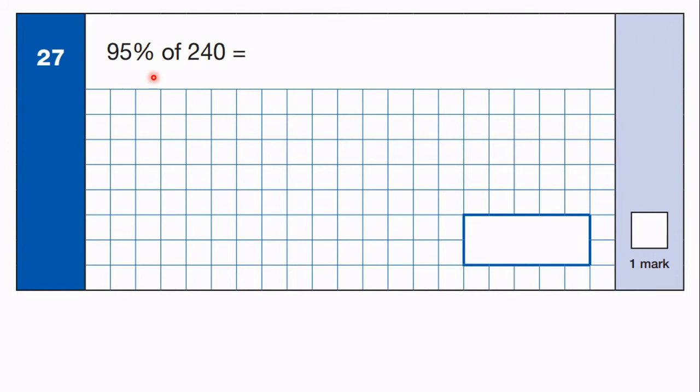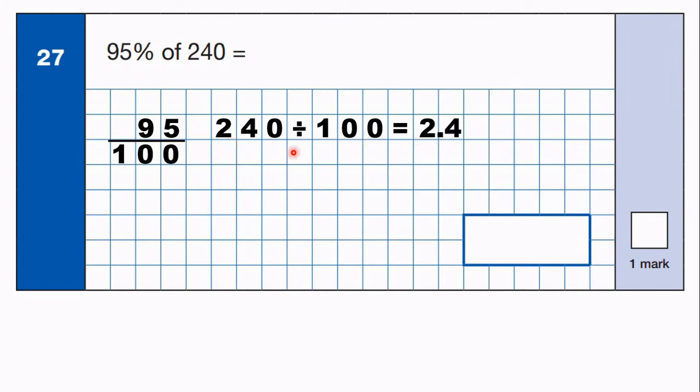Question 27. Find 95% of 240. Remember, a percentage is just a fraction over 100. So we can divide by 100 and then multiply by 95. 240 divided by 100 is 2.4, because remember, to divide by 100, the digits move 2 places to the right.